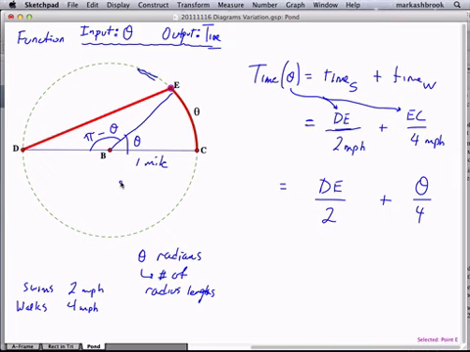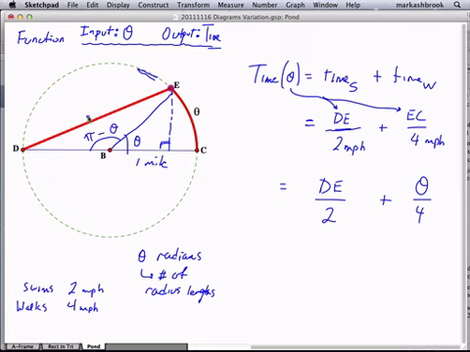Is there a right triangle we could use? You can make E perpendicular to C. Connor, what do you want to do? Make a perpendicular segment between E and DC, and that way you now have a right triangle. So now DE is our hypotenuse of this triangle here.